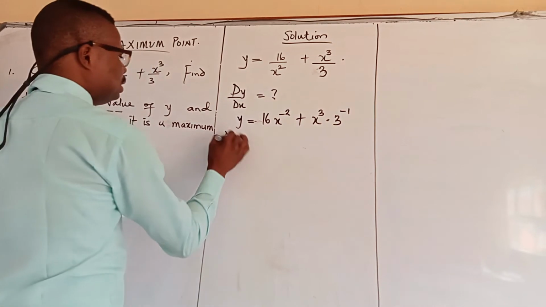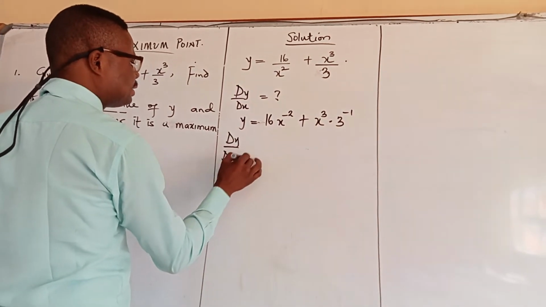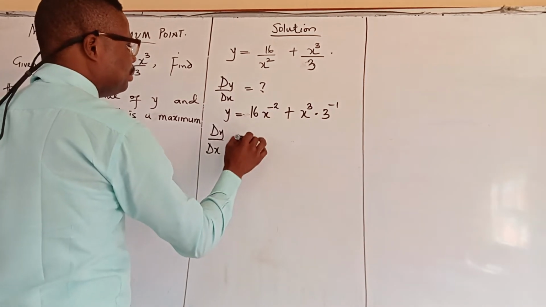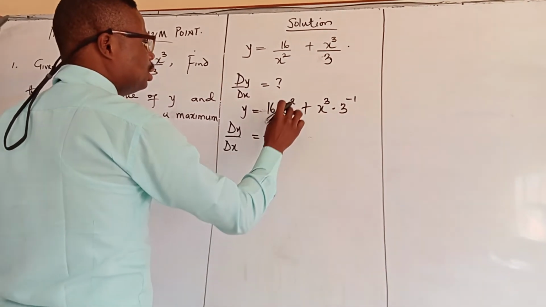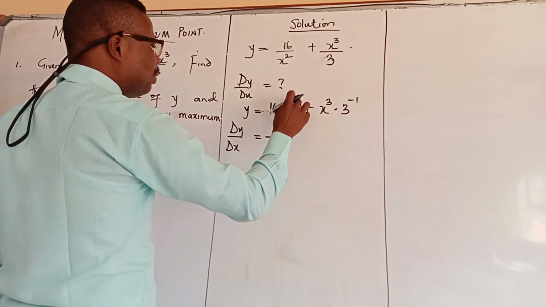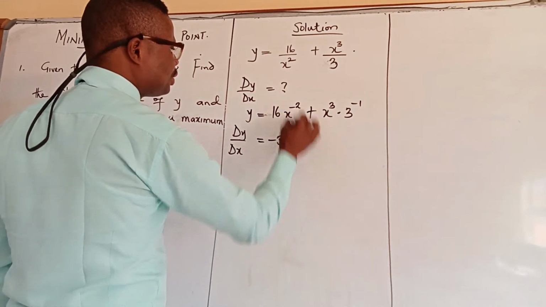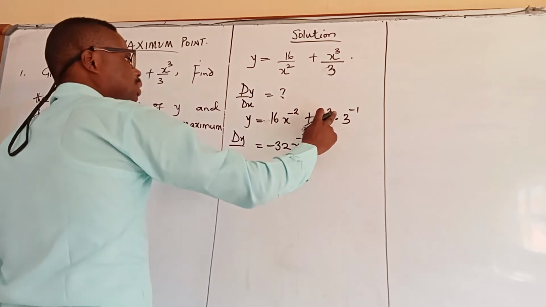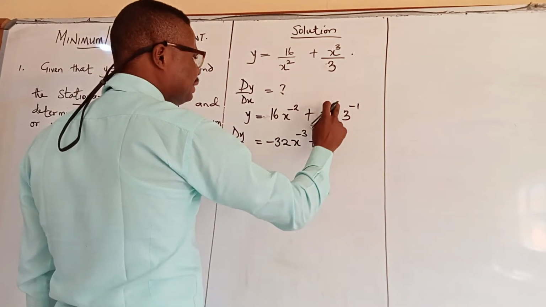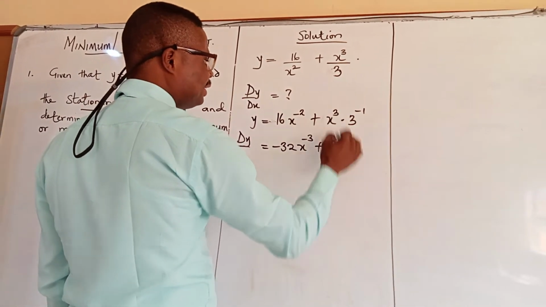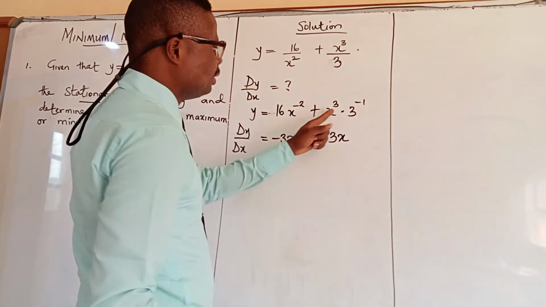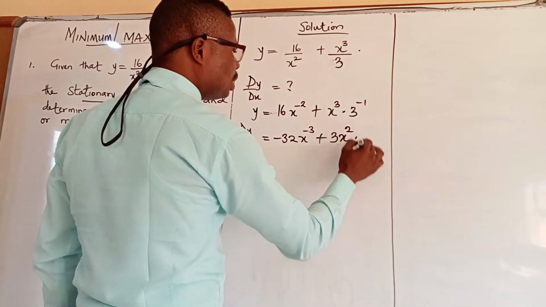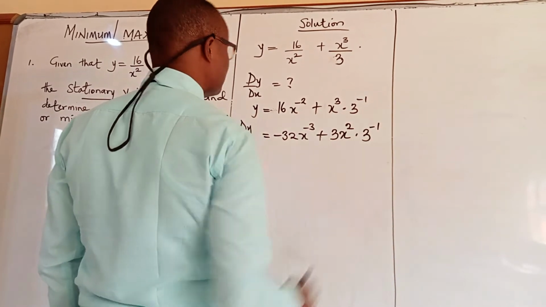Then dy/dx equals 16 multiplied by minus 2, which gives minus 32. Then take 1 away from the power, it gives x raised to the power minus 3, plus the coefficient of x is 1 multiplied by 3, which gives 3x.